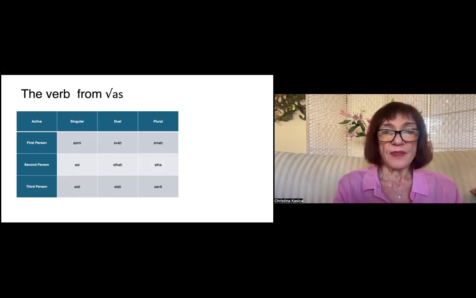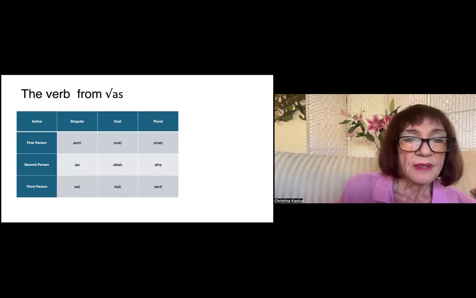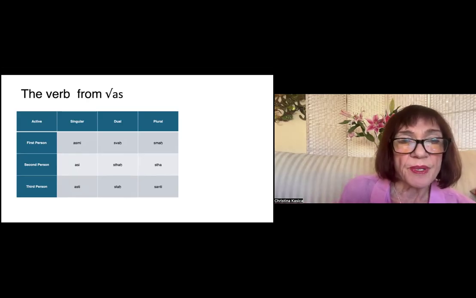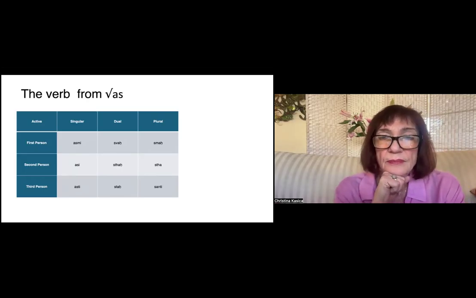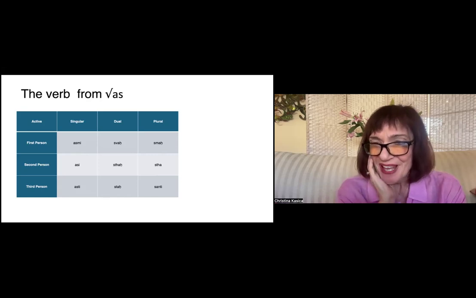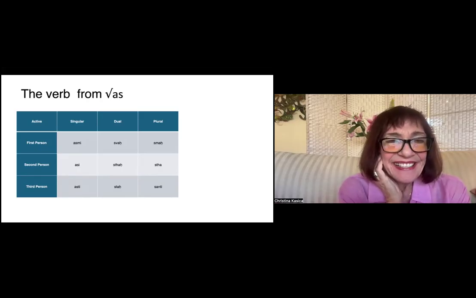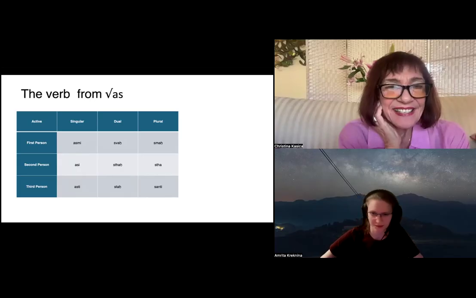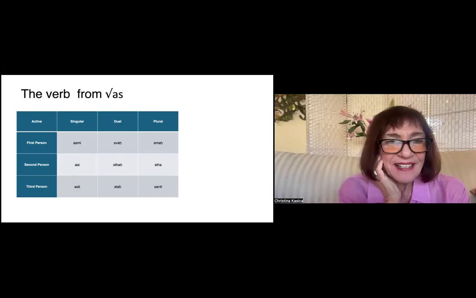So let's say these verbal forms. Can someone read those for me? Read the first person across. I can try. Yes, try. That's what we're here for. Asmi, svah, smah. Yes. Now, who wants to read the second person? I'm happy to do that. Good.